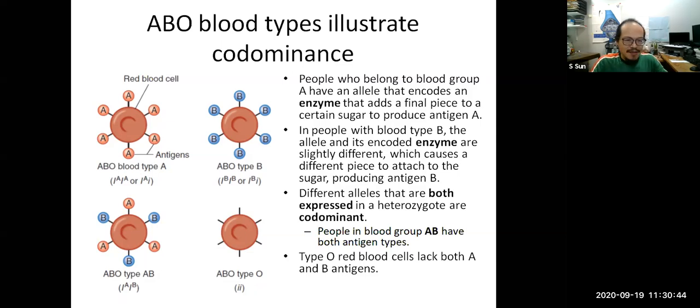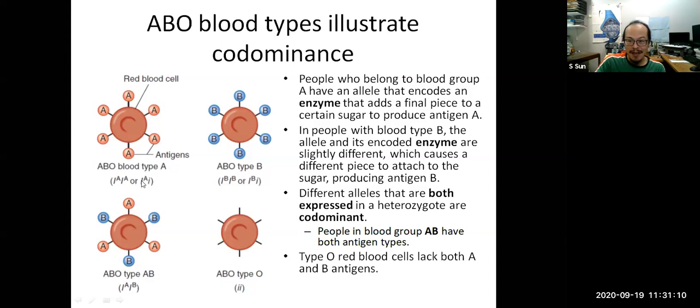So for blood type A, it's caused by the allele. It could be that both alleles are A, or just one.